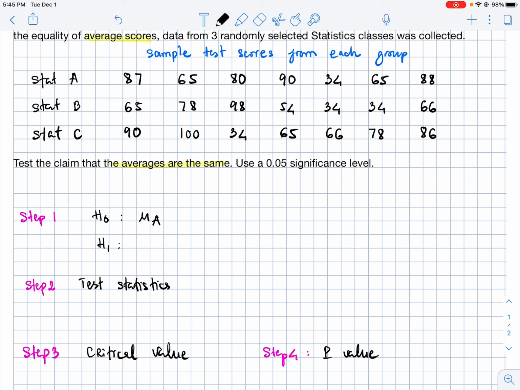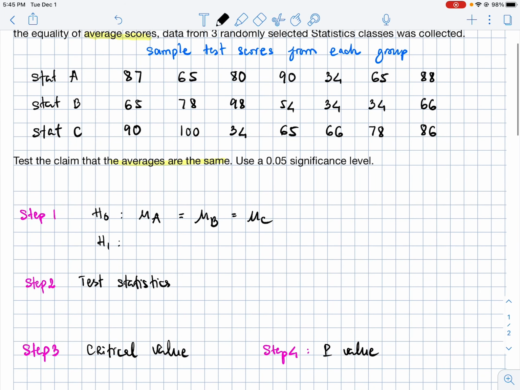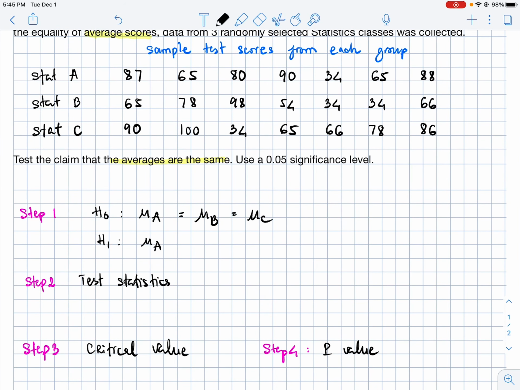Mu A represents the students that take the class in the morning. It is equal to mu B and equal to mu C. So first of all, I assume that they are equal to each other. The opposite statement is mu A is not equal to mu B, is not equal to mu C, or you can say at least one of them is different.